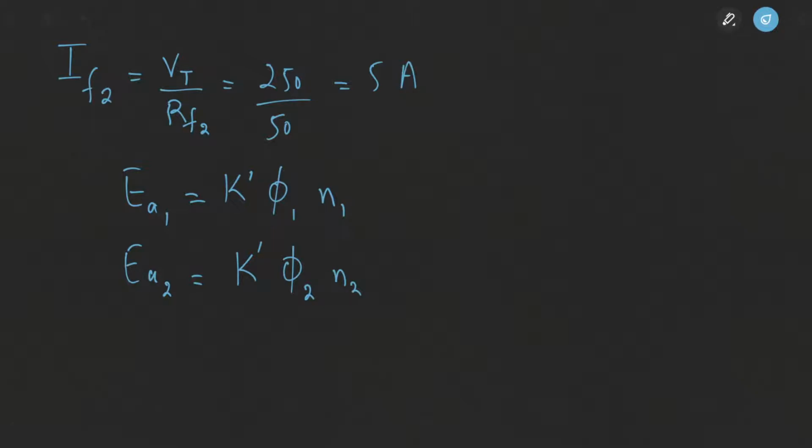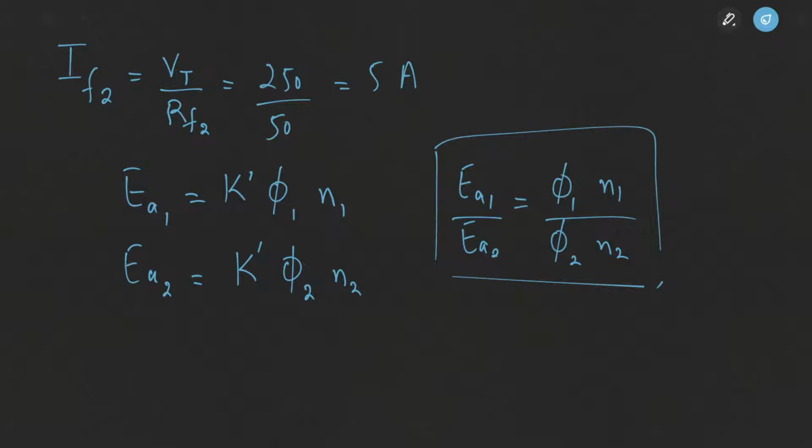Dividing these two equations, we get EA1 divided by EA2 equal to phi 1 N1 divided by phi 2 N2. This is different from the previous problem. In the previous problem flux was constant, so we cancelled it out, but here flux is changing as well as the speed of the motor. So this is what we need to find out.